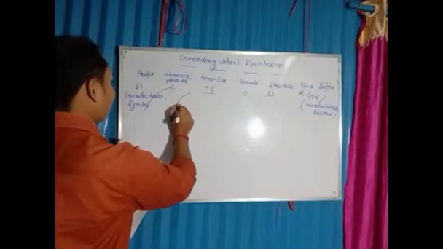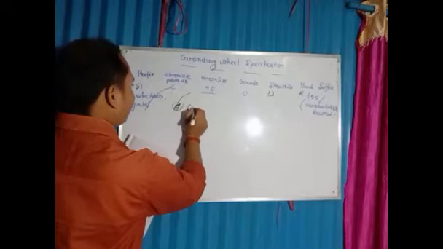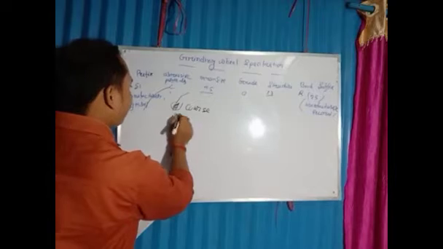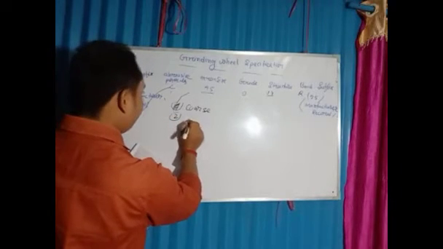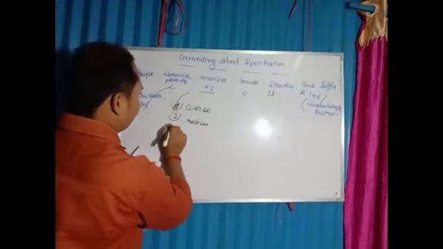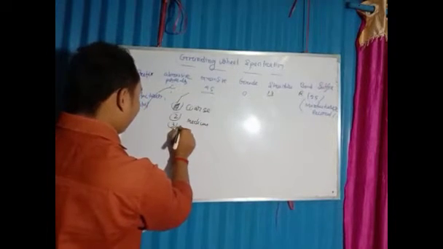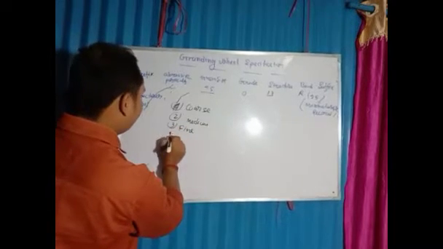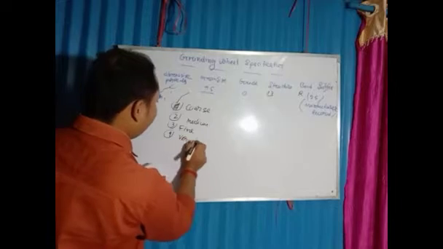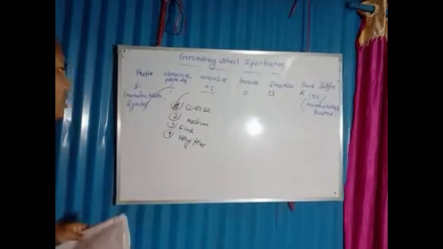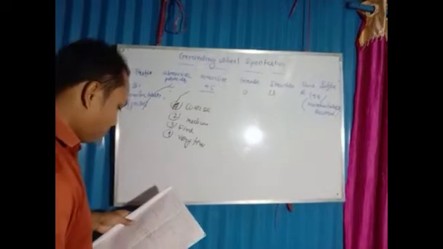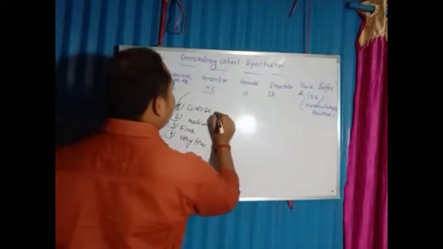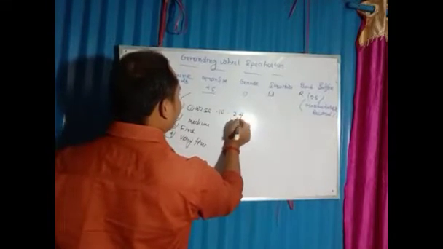One is coarse. Two is medium. Three is fine. Four is very fine. Coarse is generally 10 to 24.